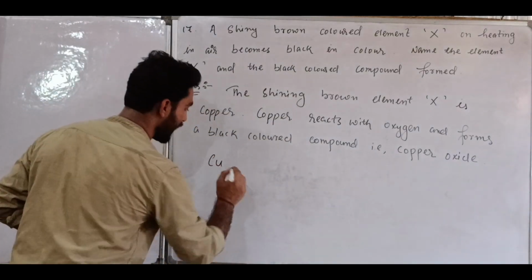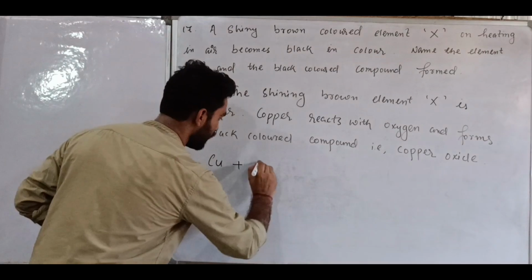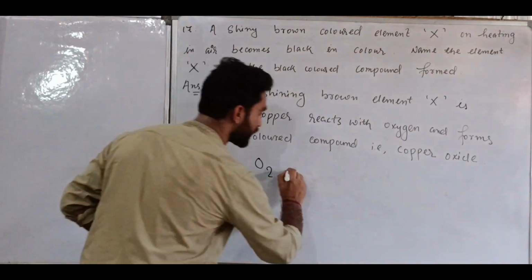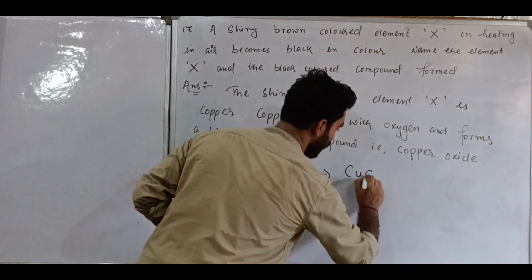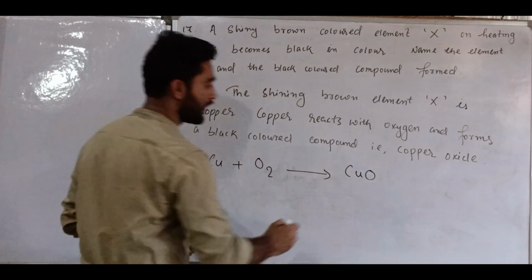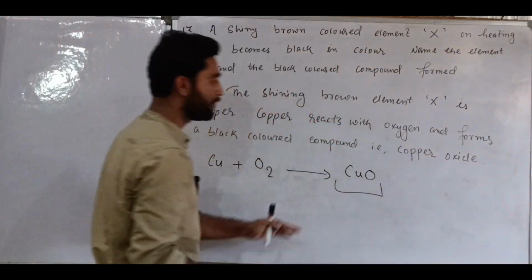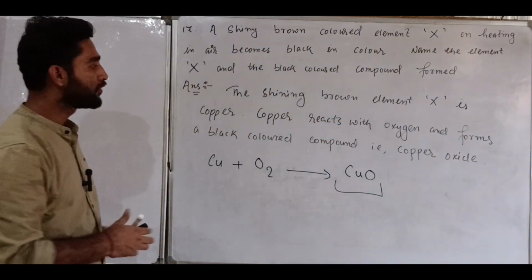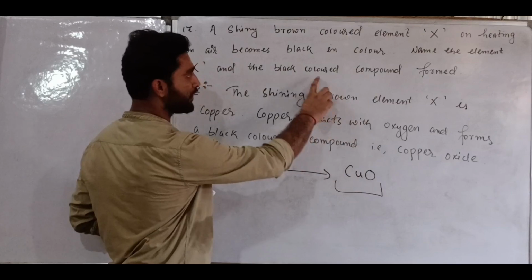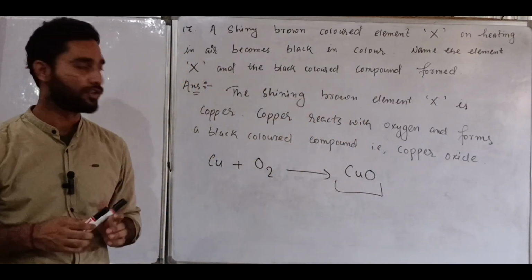So the element X is copper. If it reacts with oxygen, it will form copper oxide, and this copper oxide is black in color. So due to the formation of copper oxide, we see a black colored compound.